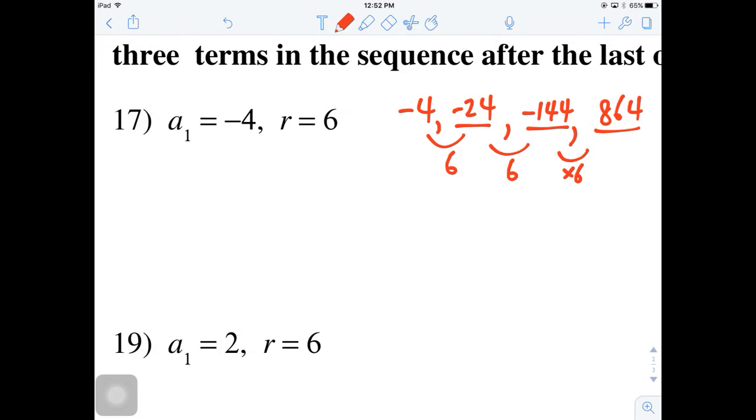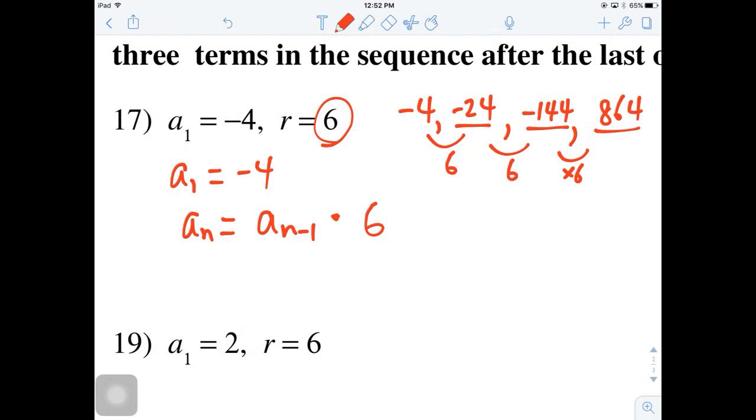And so let's go ahead and find the recursive formula. And that's what it says. So we are looking for the recursive formula. So the recursive formula starts by expressing the first term, so a of 1. And then a of n is going to be a of n minus 1, which is the previous term, times the common ratio, which is 6.